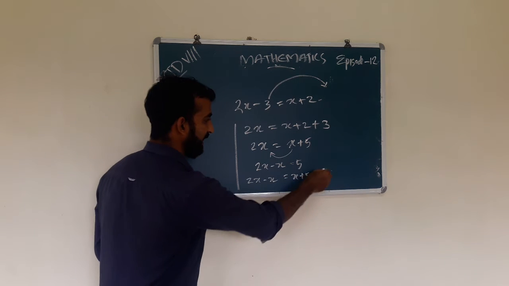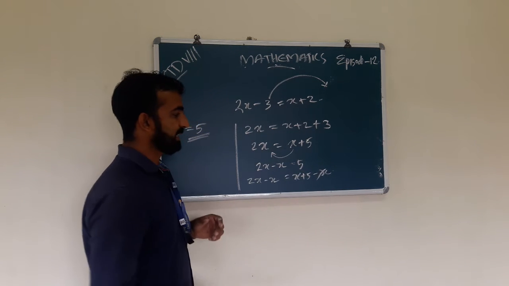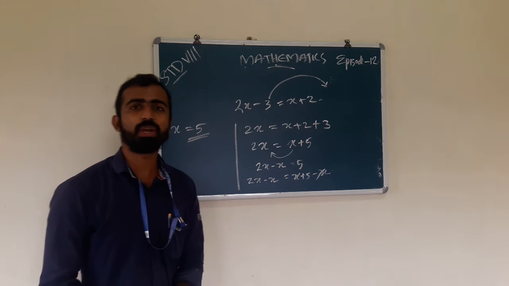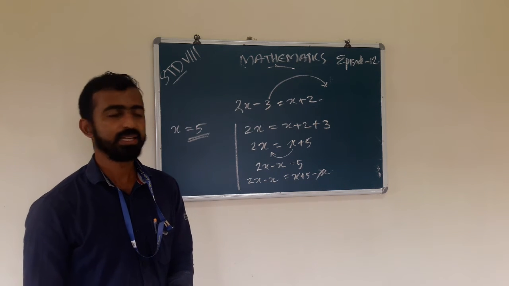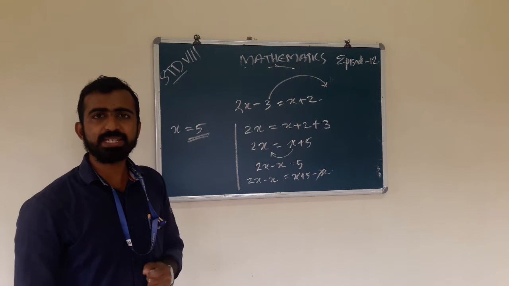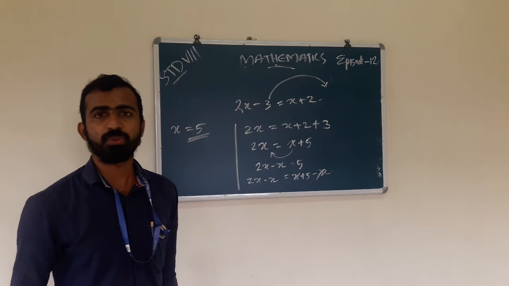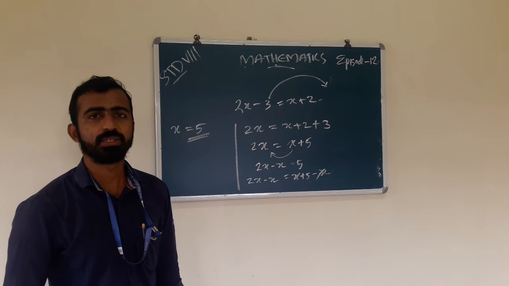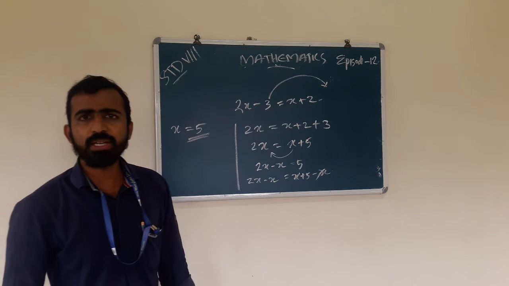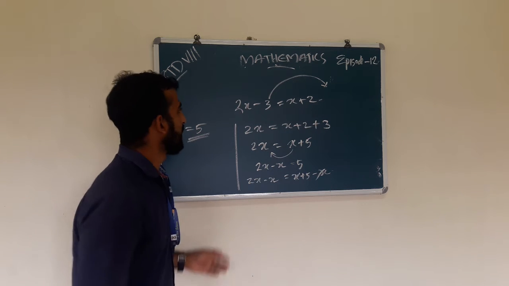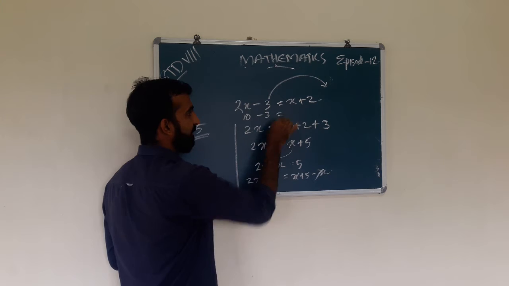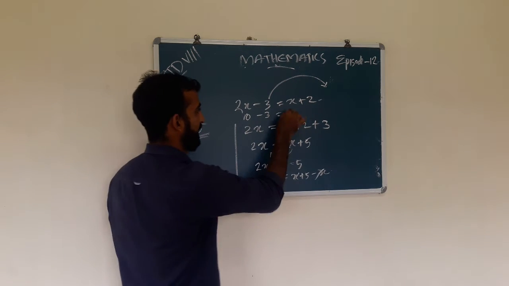Here minus x and x cancel, so x equals 5. This is the solution. When we give x as 5, the equation is satisfied, or the equation is correct. We can check: 2 into 5 is 10, minus 3, we get 7.